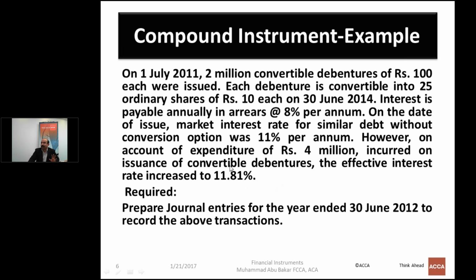The effective interest rate which will be used is the one without the effect of the issue cost, being 11%. So try to calculate with the 11%, and the life of this instrument is 12, 13, 14.